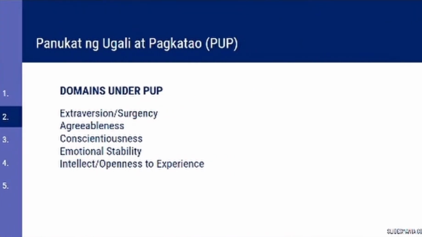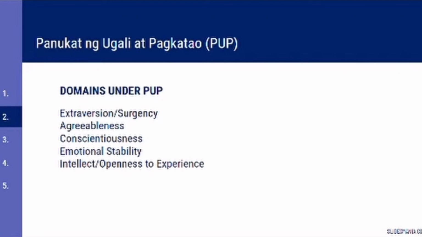Next slide, please. And the domains under PUP are extroversion or surgency, agreeableness, conscientiousness, emotional stability, intellect, and openness to experience. And that is my topic about Panukat ng Ugali at Pagkatao, PUP, and that's all.